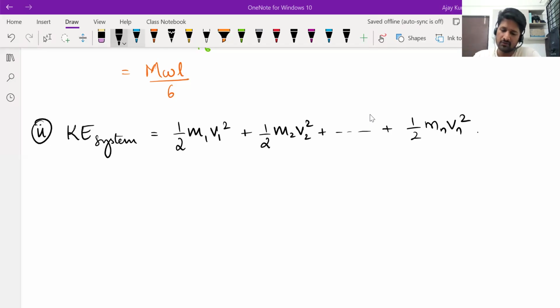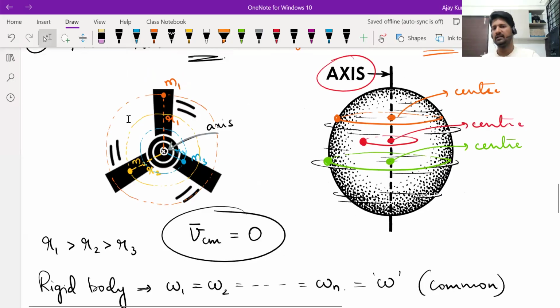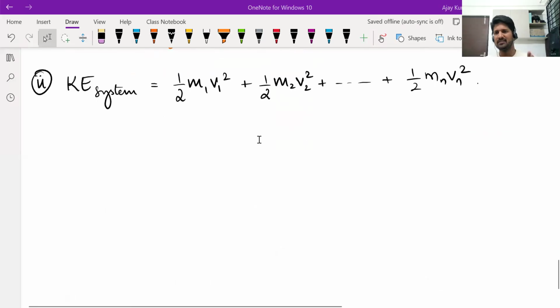Okay. So what we do is we try to express this in some common terms. Tell me, for a rigid body which is rotating, what is common for all the particles? Which physical quantity is common to all the particles? It's written on the screen. Omega. Omega, angular velocity, is common for all the particles. So we will express these in terms of omega.